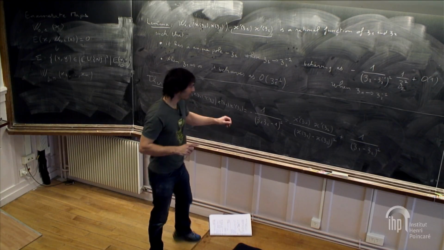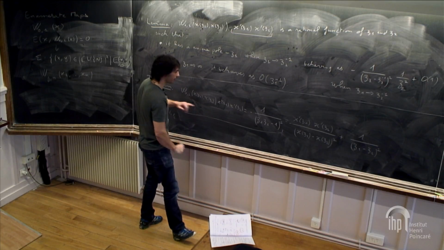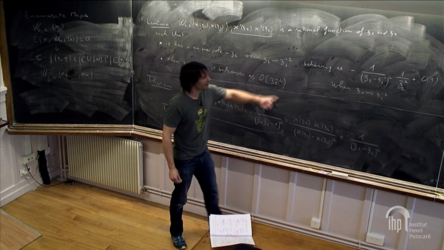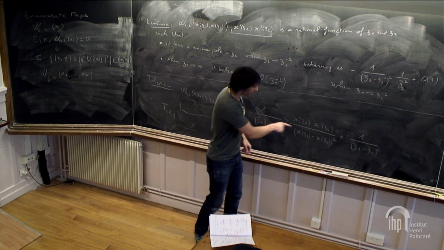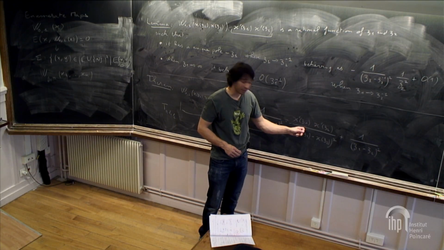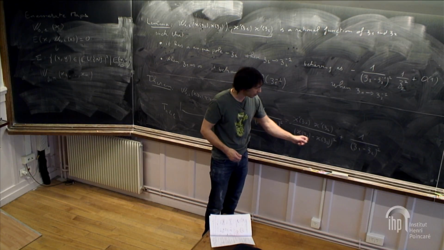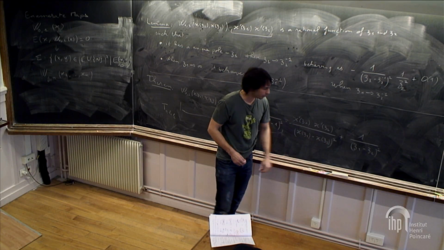So, yeah. Now, the first part of the theorem is just an application of this. The second part, the second equality, is just the following observation. This is a rational function of z1, let's say, which has poles when z1 goes to z2 or z1 goes to 1 over z2.